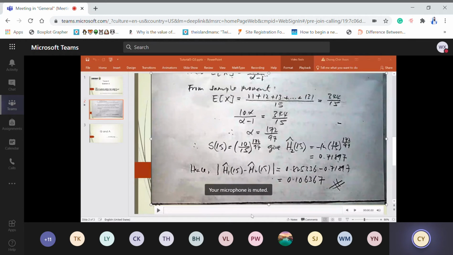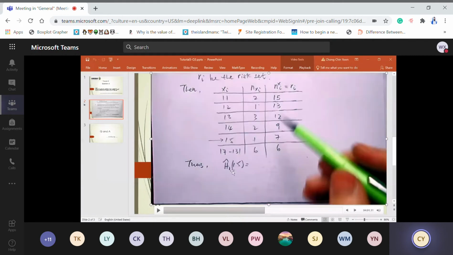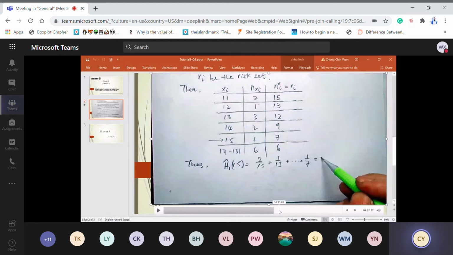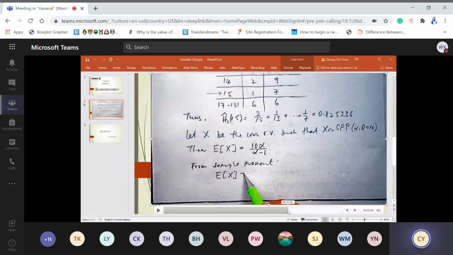Okay, so for this question, you have two sections. So the first section, you have to use the Nelson-Aalen to calculate the H15. So this one, you have no problem. You learned it in chapter 2. Okay, so once you have done this, then you have to go to the second section. That is to find the H15 again, but using the method of moments.